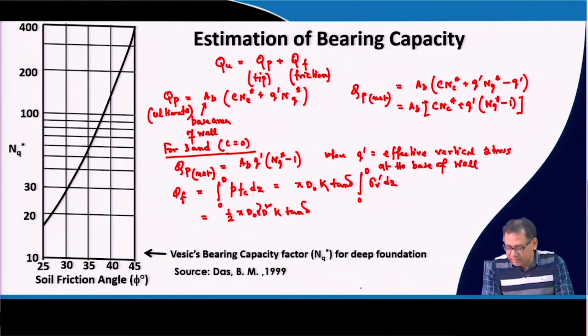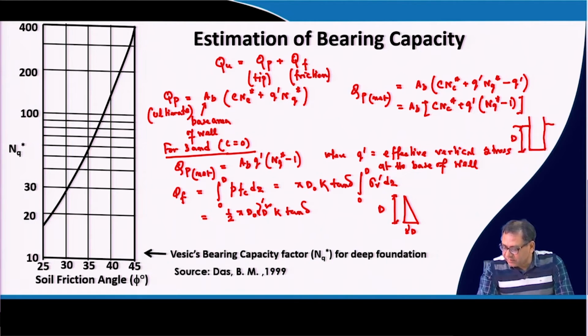So, that means here the same way we are doing it. So, here it is the gamma dash into the d, if this is the depth of the well below the scour. So, if this is the scour level and this is the well foundation base, this is the depth or the grip length, equal to d.